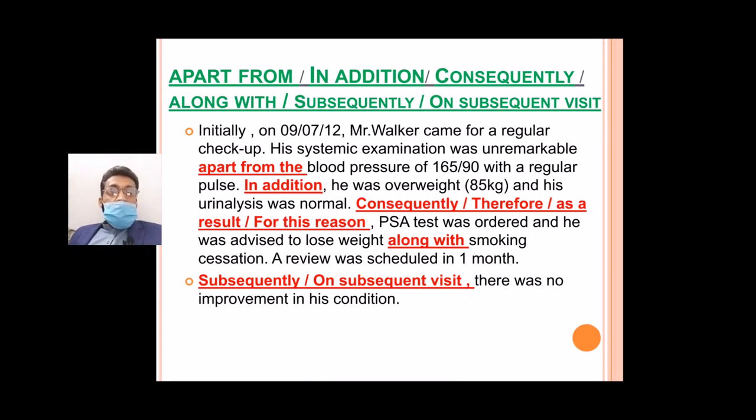This is a very important sentence. Here you can add five connectors in this type of sentence. So you can see how we can add "along with". A review was scheduled in 1 month.